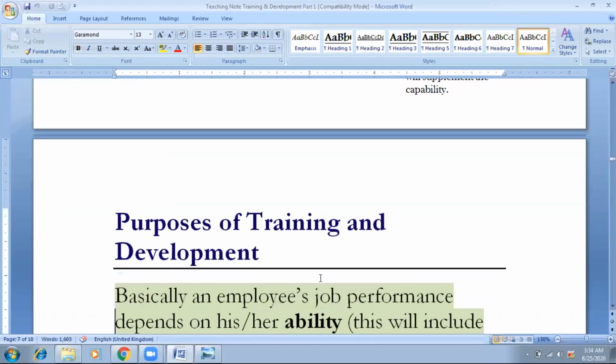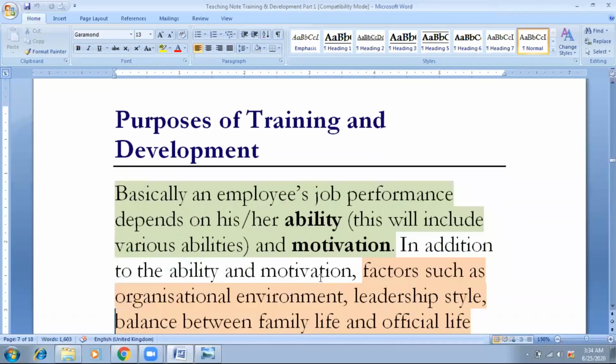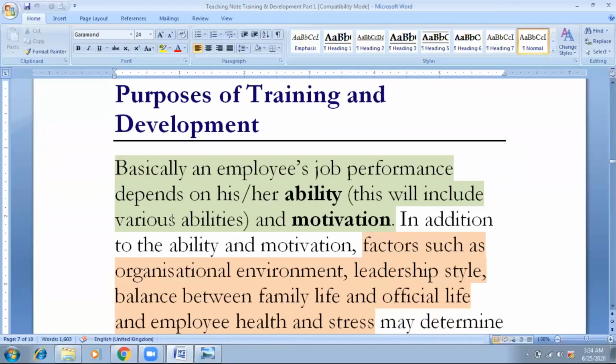Now, purposes of training and development. Purposes we can consider alternatively as advantages of training and development. Basically, an employee's job performance depends on his or her ability. Of course, this is a singular term, but ability can include many abilities, right?